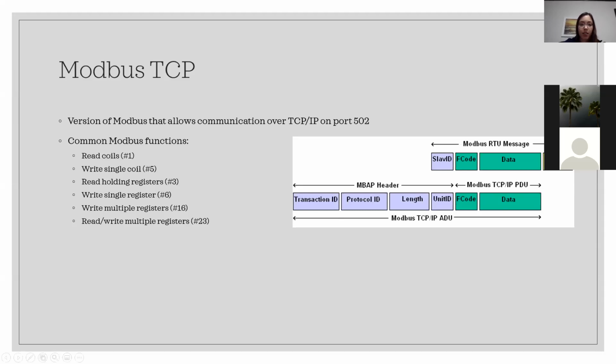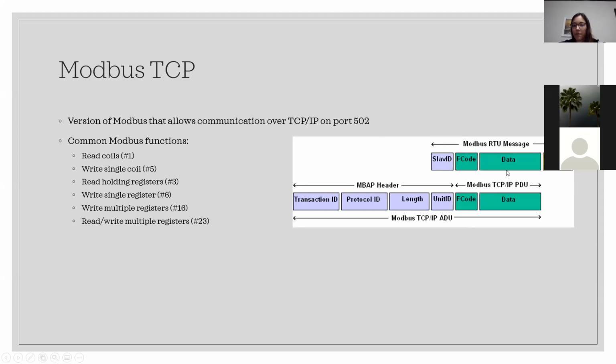Then Modbus TCP. I have a comparison on the right of Modbus RTU and Modbus TCP. Because Modbus RTU is master-slave, a Modbus RTU message has to include the slave ID.